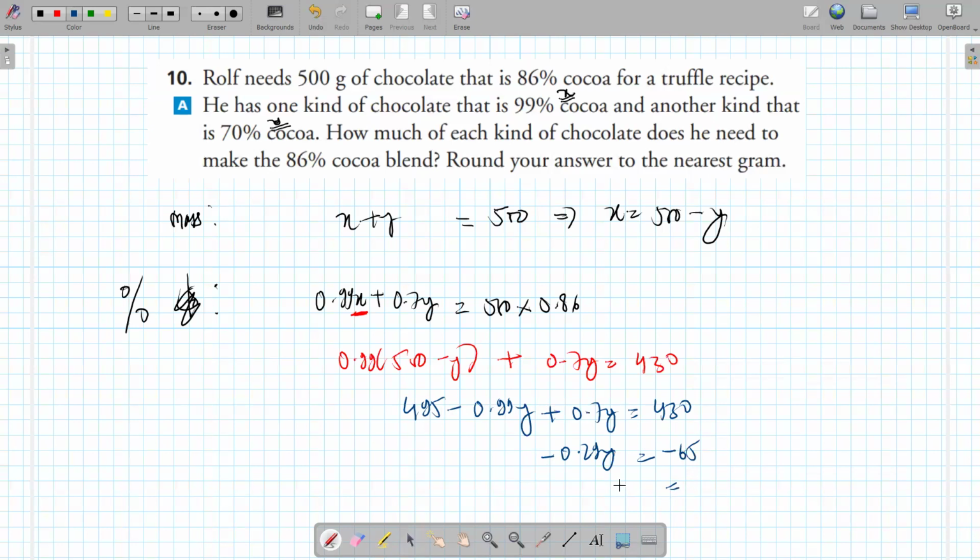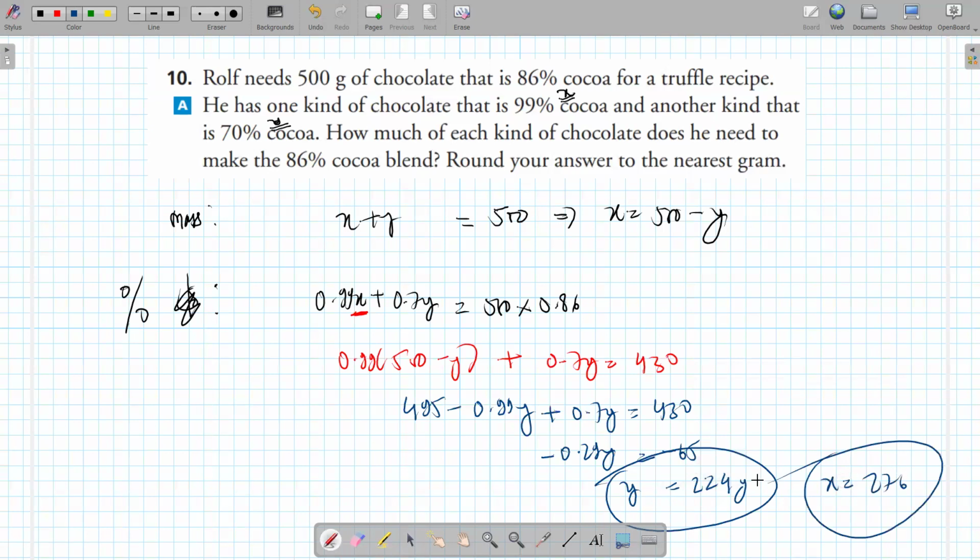So you divide, this is going to be 224 grams. That means the other one is 276 grams, if they have to add up to 500. And you are done. That made sense?